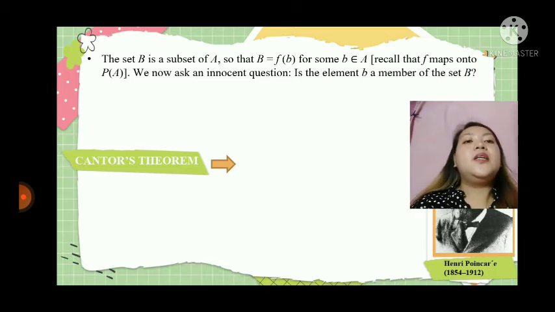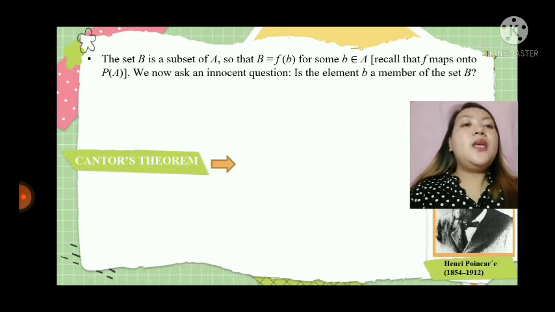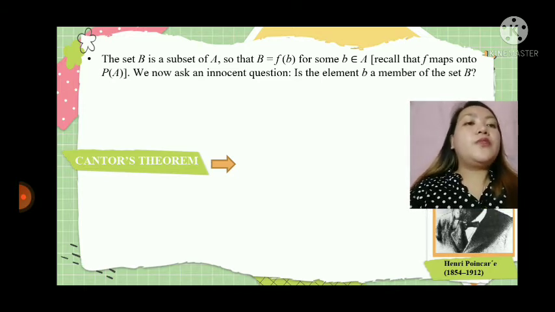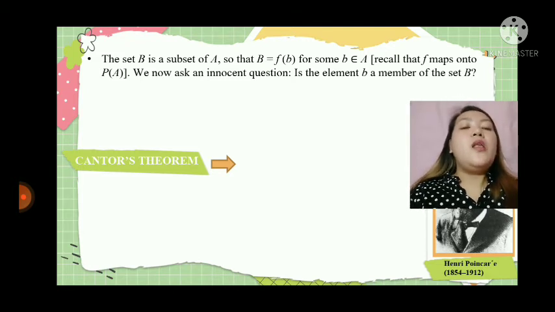The set B is a subset of A, so that B = f(b) for some b in A, recalling that f maps onto the power set of A.